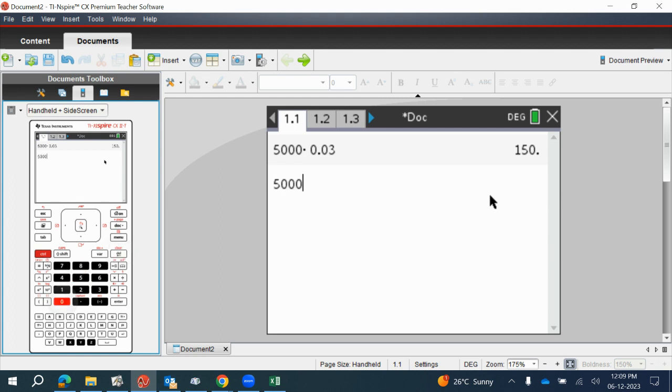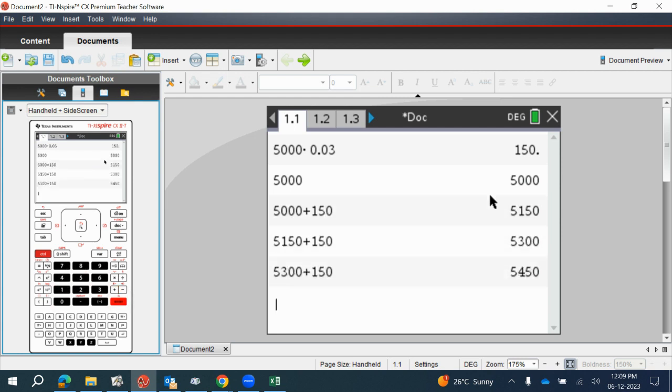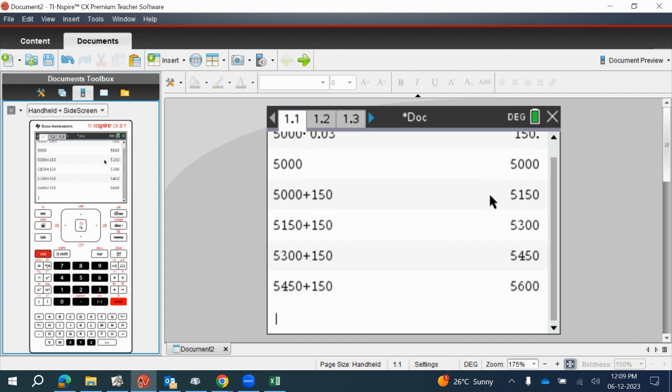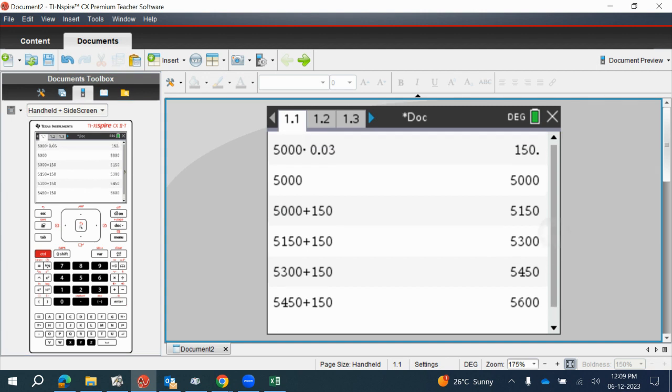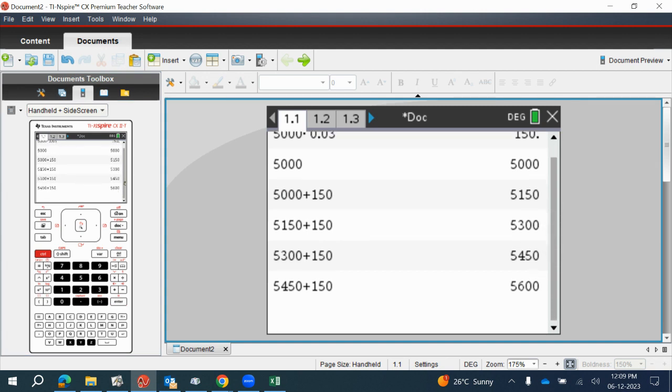We start with this much the first year, and then we add the interest, and then the interest again, and then the interest again. So this is what is in his bank account over the 5 years.